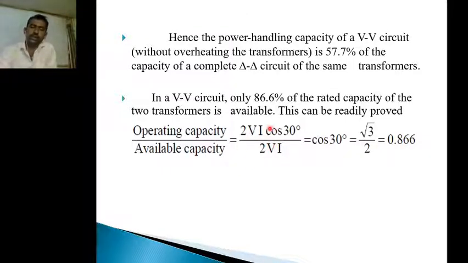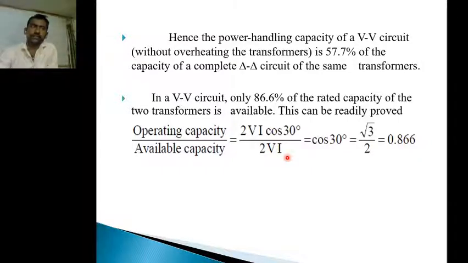So 2 VI gets cancelled, and we have only cos 30. That cos 30 value is root 3 by 2, which is 0.866. That means 86.6% of the available capacity will be developed in the open delta configuration. So this is about the open delta configuration.